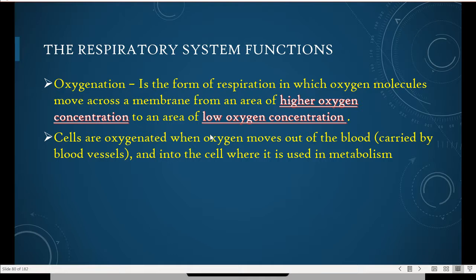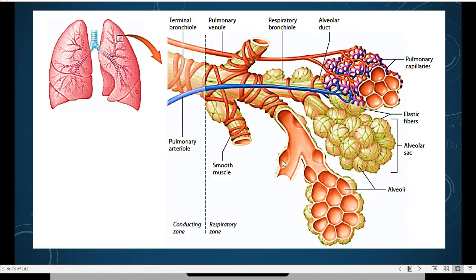So we talked about oxygenation, and what we talked about there is the oxygen molecules moving across that membrane from an area of higher concentration to an area of lower concentration. If we go back and look, we can see that that's going to take place right here. We have CO2 represented here. It's going to go from an area of higher concentration, meaning inside the alveoli, because at that time it will have a lower concentration.